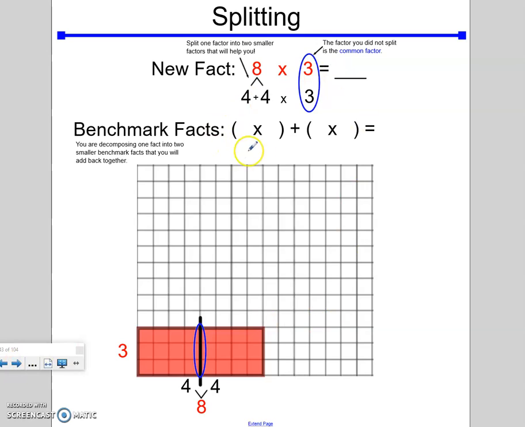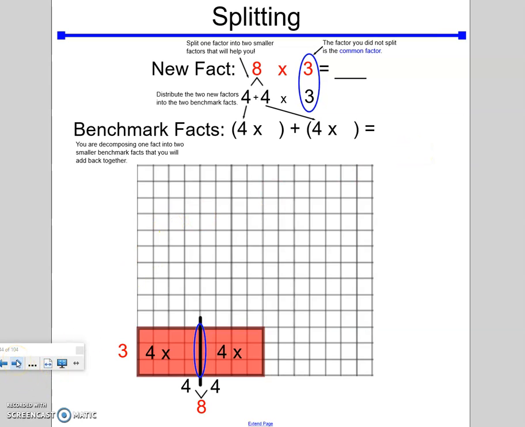So you can see I have provided a frame for an expression here, where we're going to have two separate multiplication facts, the first one and then the second one, and we're going to add those back together to ultimately find our total answer.